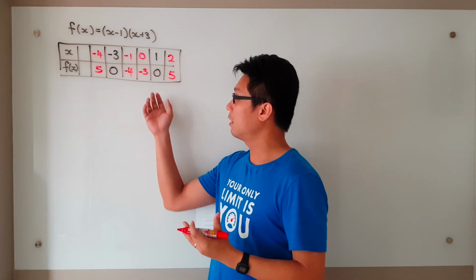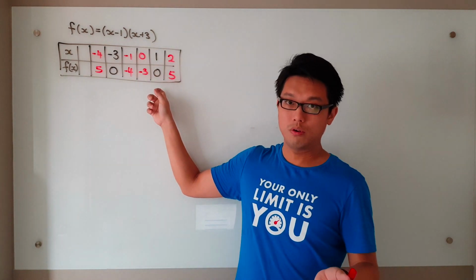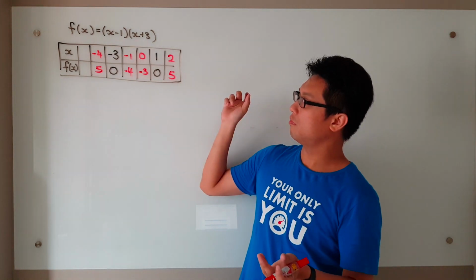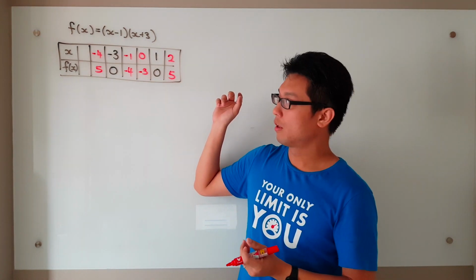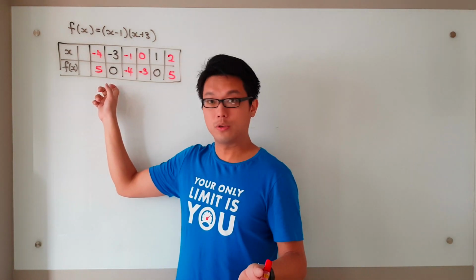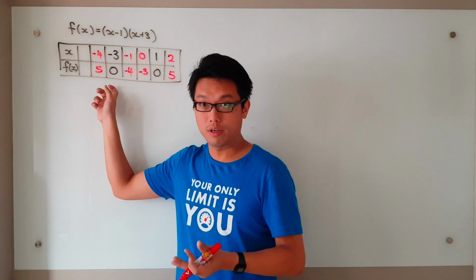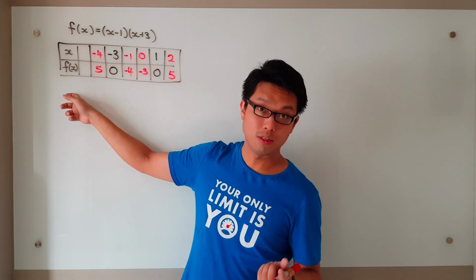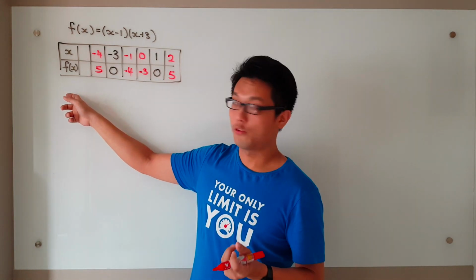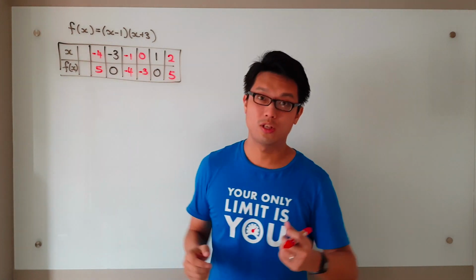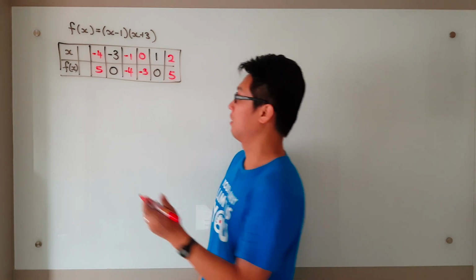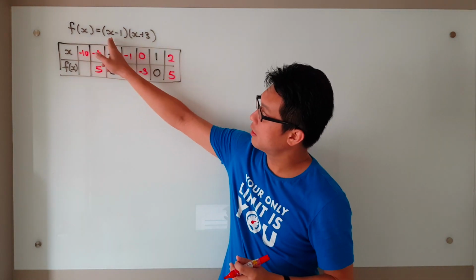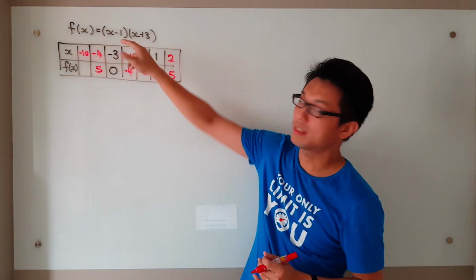We realize that if I substitute in any value which is greater than 1, we should be getting a positive value. If we substitute in any x value which is less than negative 3, we also get a positive value. If you're not so convinced, let's try a much larger number, negative 10. Substituting negative 10, we have negative 11 times negative 7.